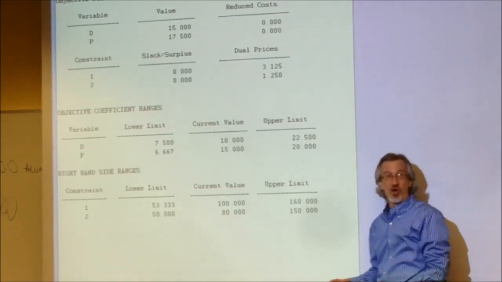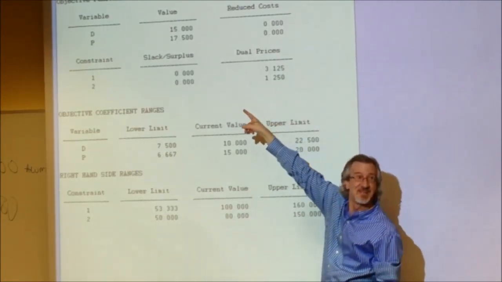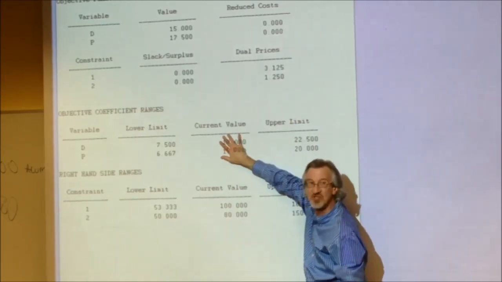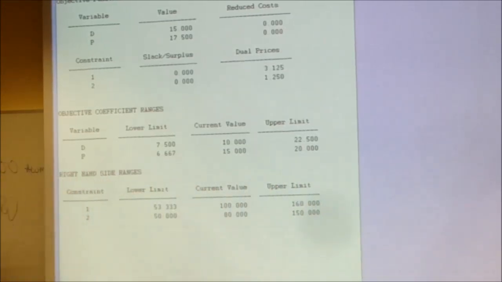So, range of optimality changes, you use the optimal solution to figure out the new objective function value. Range of feasibility, you use the dual prices to figure out the new objective function value. Everybody get it? So that's another thing you got to remember.